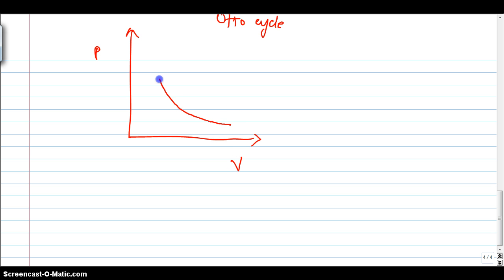It goes like an adiabatic or isentropic process, followed by constant volume heat addition, followed by adiabatic expansion, followed by constant volume heat rejection.